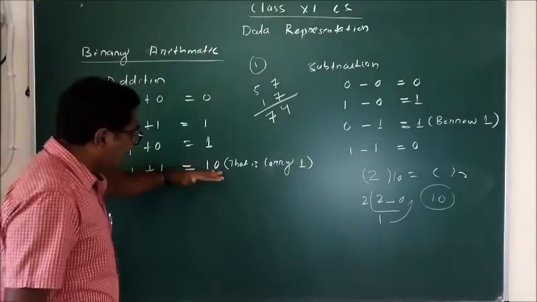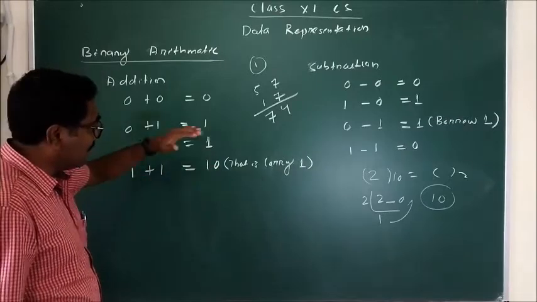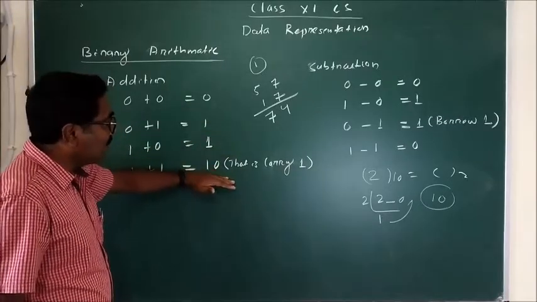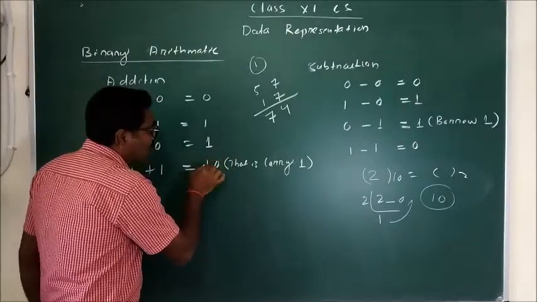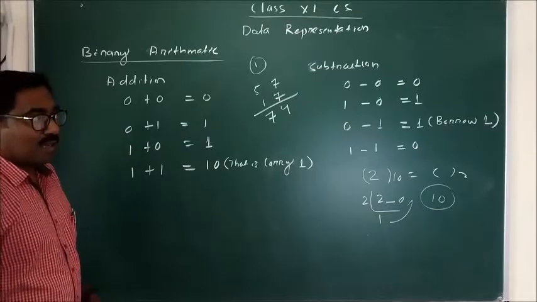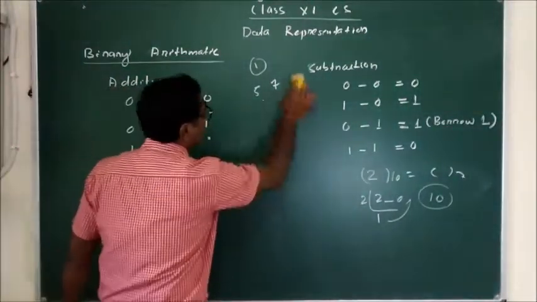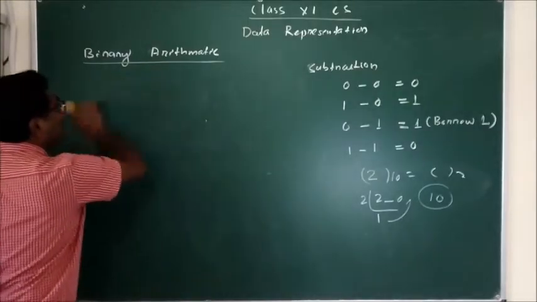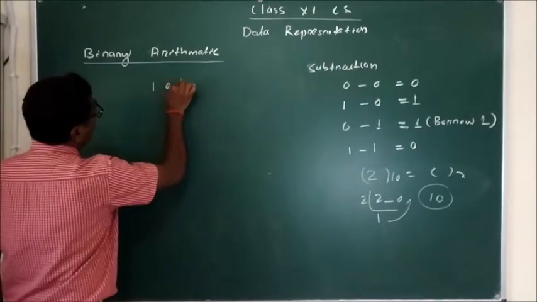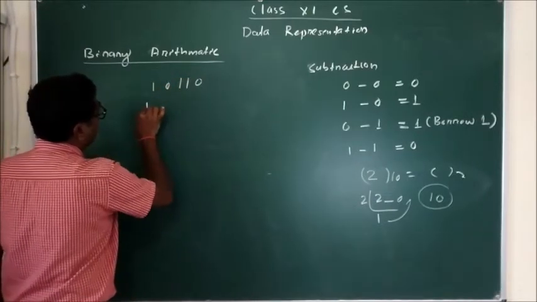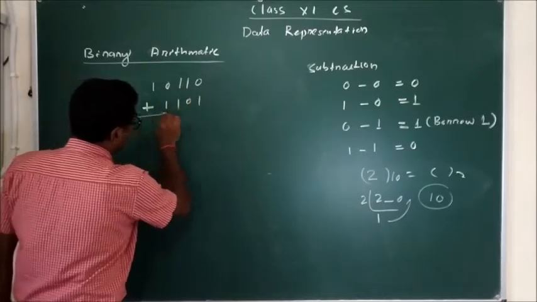In case of binary also we have to do the same thing: in case of getting 2, or getting 1 0, we have to take the result as 0 and we have to take the 1 as a carry bit. For example, we have two binary numbers, 1 0 1 1 0 plus 1 1 0 1.